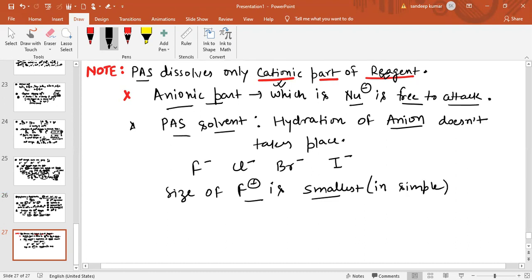Why in simple form? Because we know hydration of the anion, which is the nucleophile, does not occur. Therefore, the size of F minus is smallest.